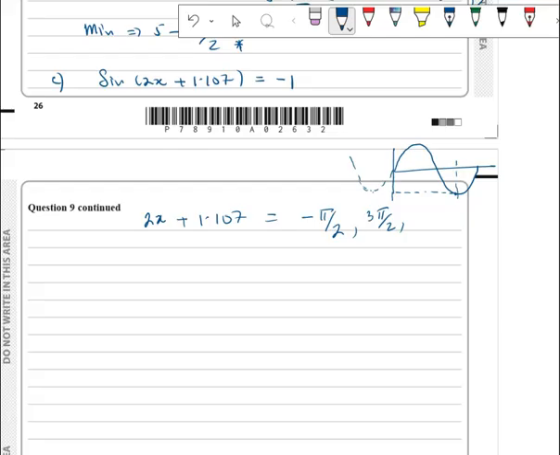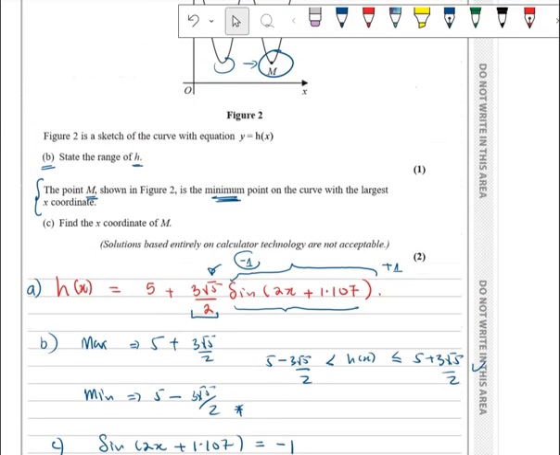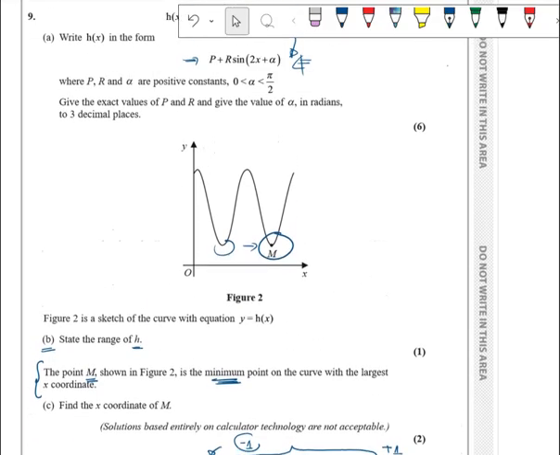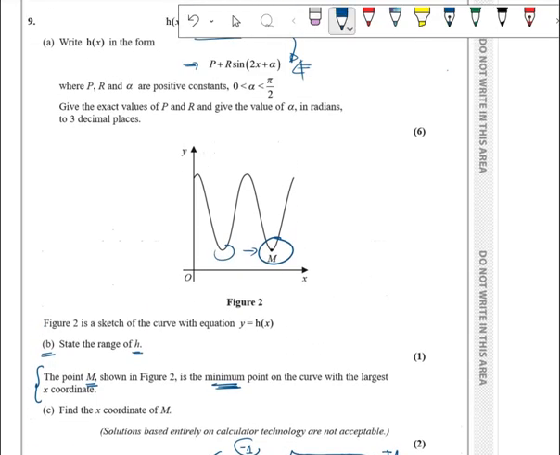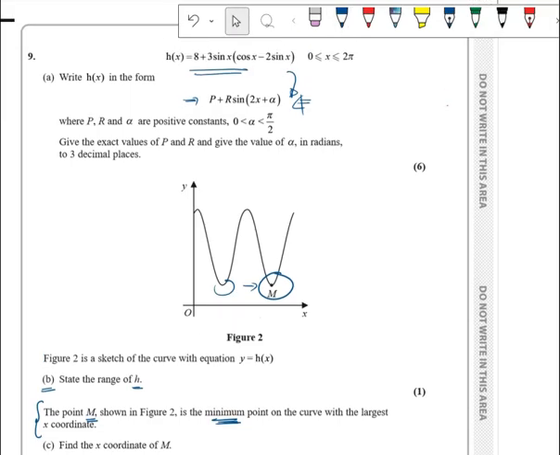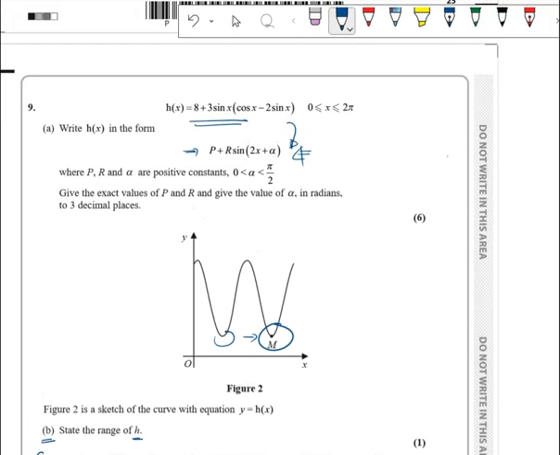And we can get more angles. Why can we get more angles? Because the x we are talking about here is between 0 and 2 pi. But in our expression we have 2x, that means 2x is between 0 and 4 pi. And also we have added on alpha.